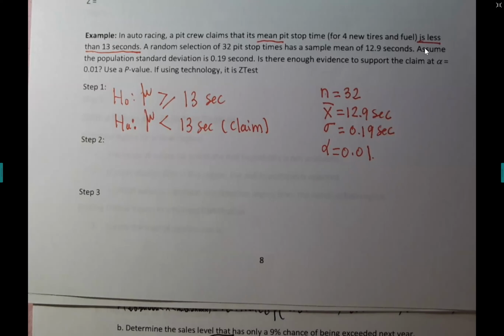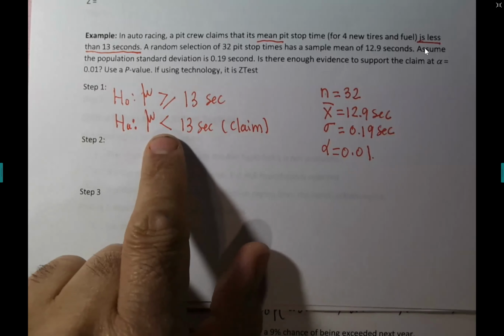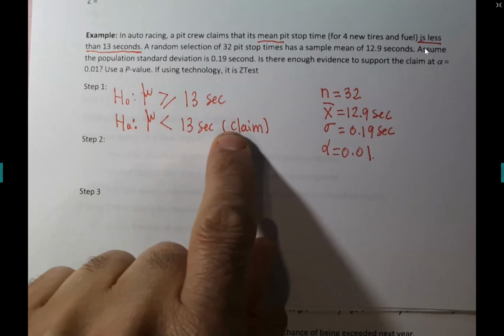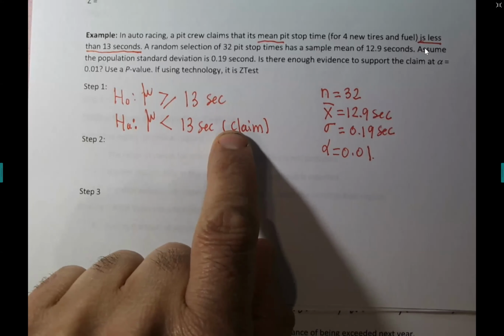In auto racing, a pit crew claims that its mean pit stop time for 4 new tires and fuel is less than 13 seconds. Does everyone agree with me that the claim will turn out to be in the alternative hypothesis, because less than should be assigned in the alternative hypothesis? So less than 13, and I put the claim there.